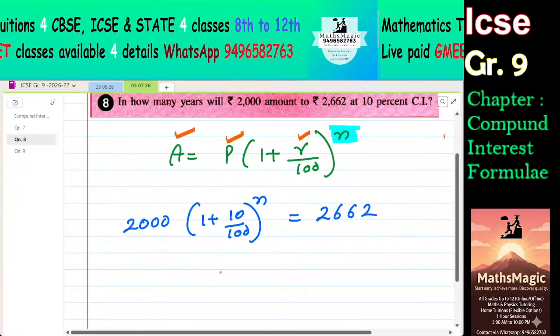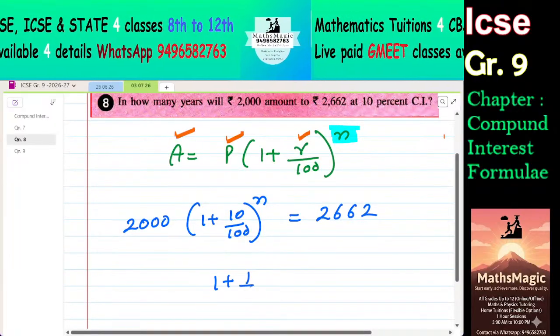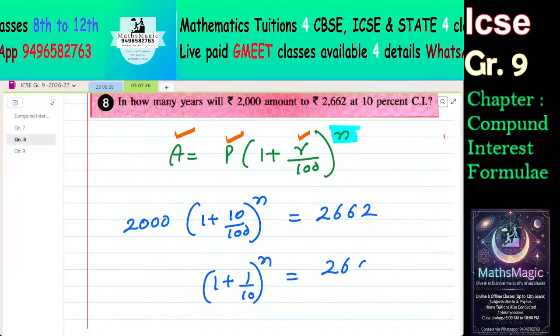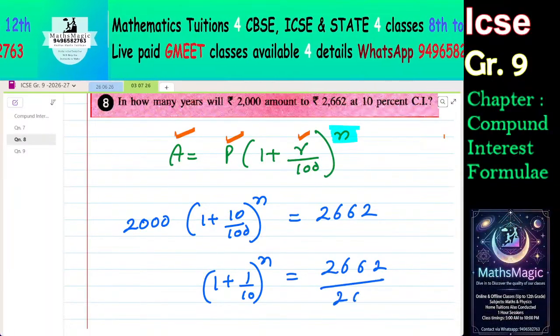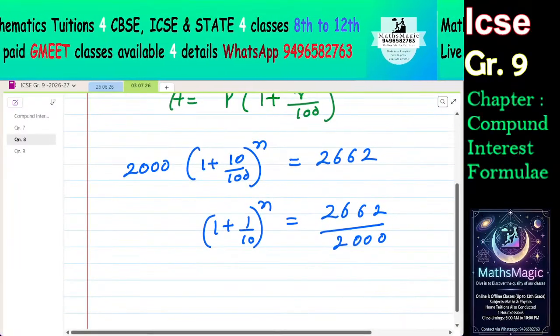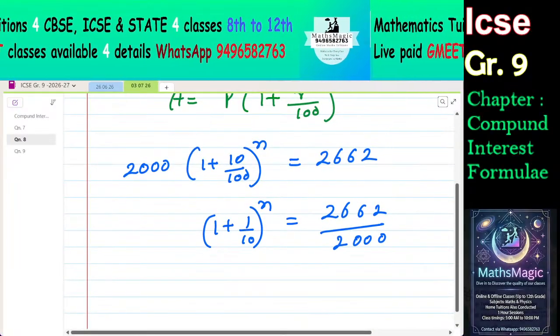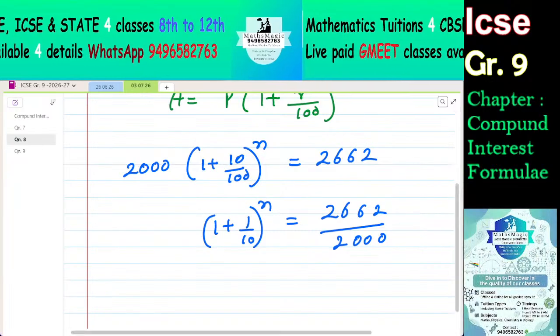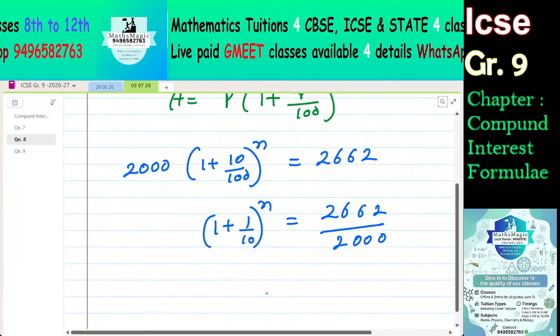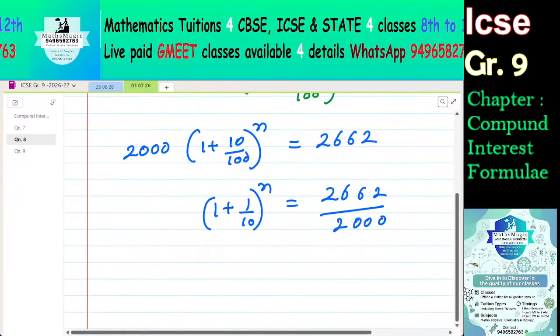So on simplification, (1 + 1/10)^n = 2662/2000. And we need to follow a simple logic to find this solution.